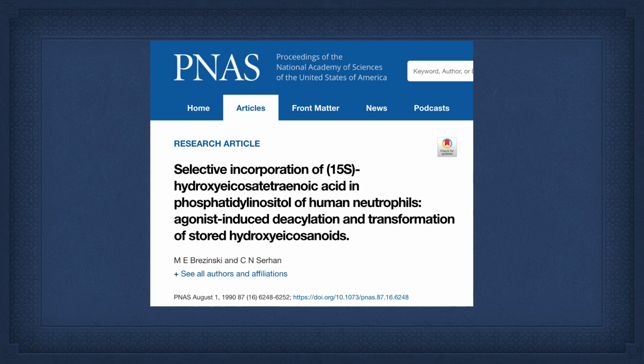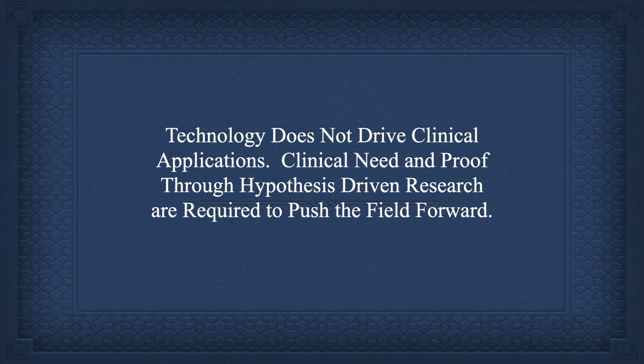But prior to OCT, I had already succeeded in doing HPLC and mass spec and hypothesis driven work. And this work from PNAS is just an example of looking at an off signal for neutrophils.